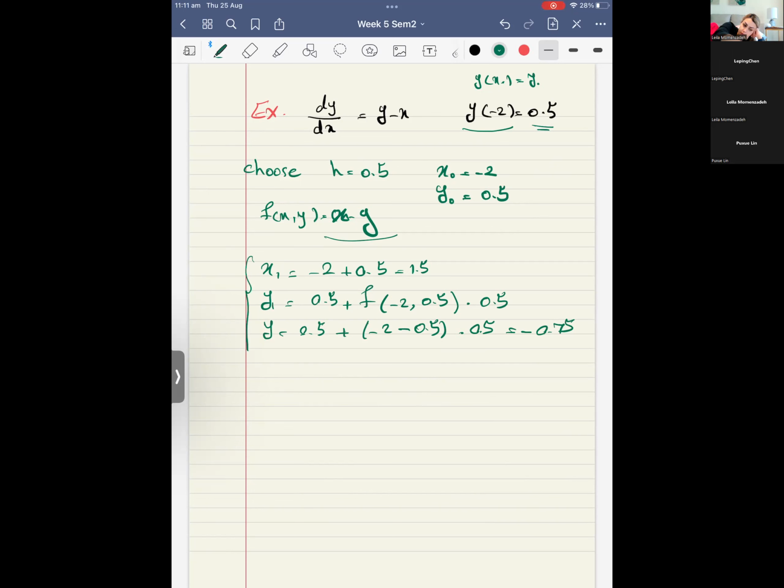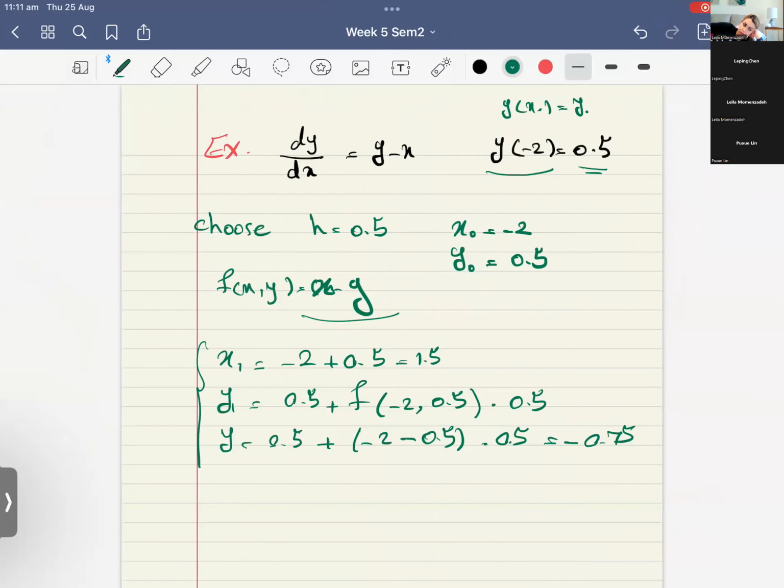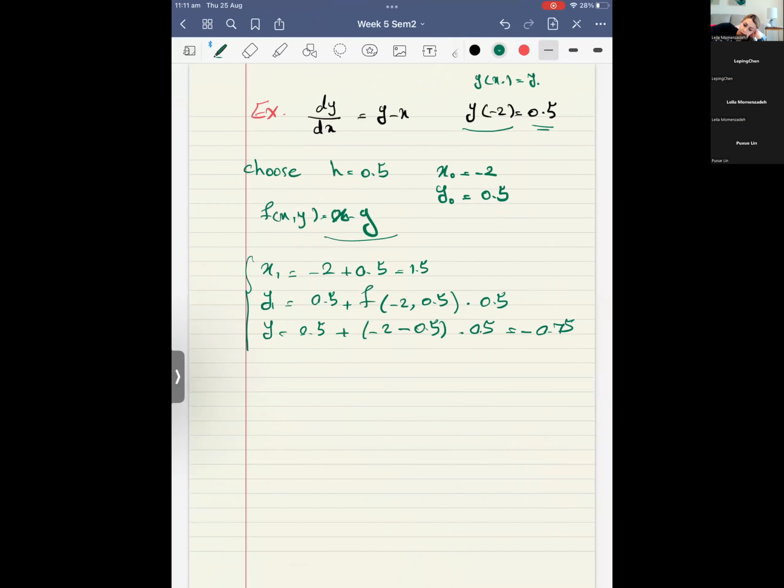That is the first step. And we should check how many steps we need to find y at 0. We want to find y at 0. Let's see how many steps we need.